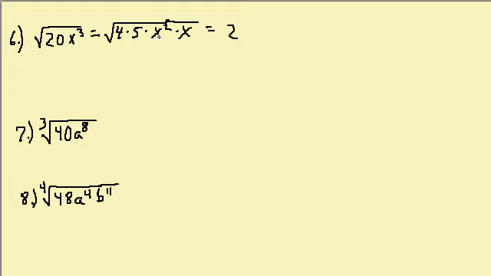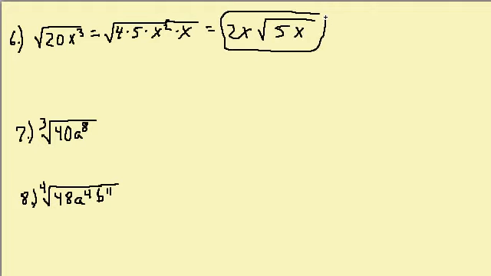And then x squared, 2 goes into 2 one time, so the square root of x squared is x. And then the x under the radical is not a perfect square because 2 doesn't go into 1 evenly, so it's going to stay under the radical. So my final answer is 2x times the square root of 5x. And there's my answer.